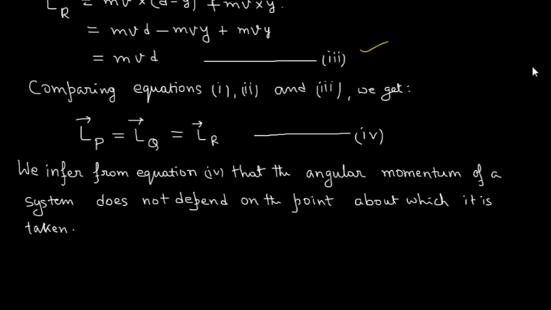This is equation number 4. We infer from equation 4 that angular momentum of a system does not depend on the point about which it is taken. So let us move to the next question.